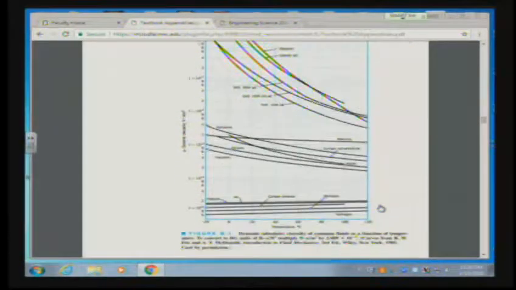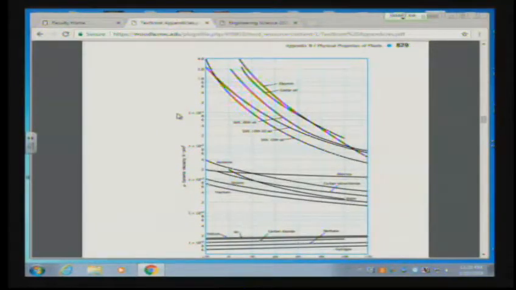Physical properties of fluids. This is a very interesting chart, but we talk about viscosity and different fluids, how they behave differently by temperature. You may have an idea of what viscosity is, but I always tell people there's an old expression, slow as molasses in January. That's a very viscous fluid.